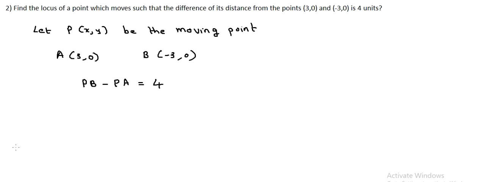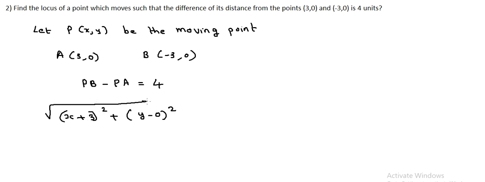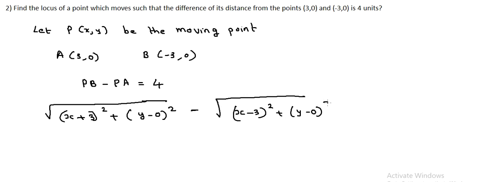To find PB we will use the distance formula. Here P is the point (x, y) and B is the point (-3, 0). So when we use the distance formula, we get x minus minus 3, therefore root of (x plus 3) whole square plus (y minus 0) whole square, minus PA, which will be root of (x minus 3) whole square plus (y minus 0) whole square.